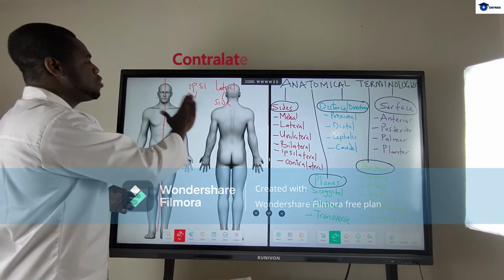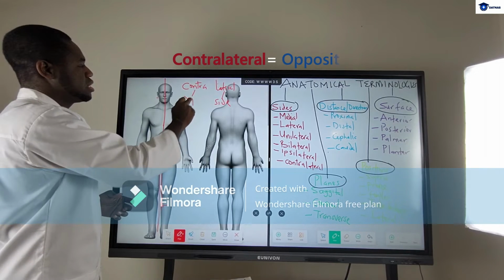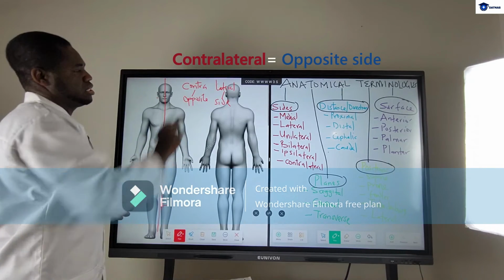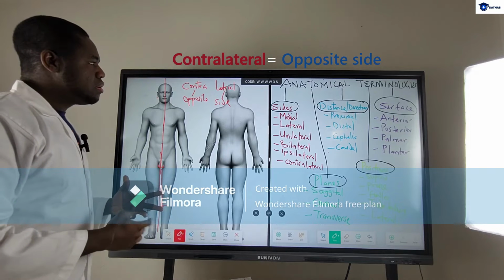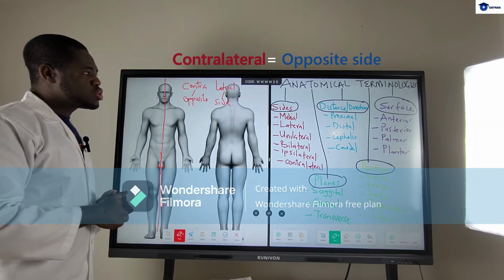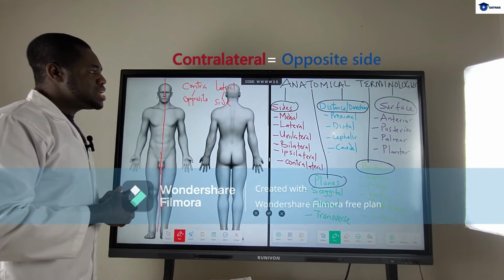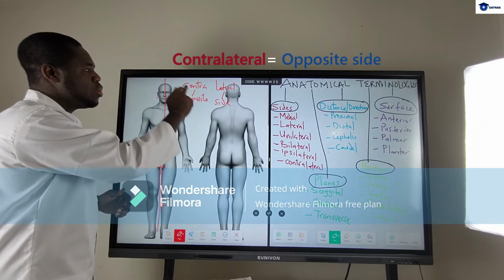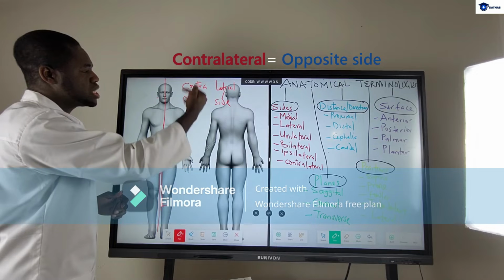Contra, from the word contra, contrary, contradiction. So contra means opposite. So contralateral side means opposite side. Contralateral means opposite side.